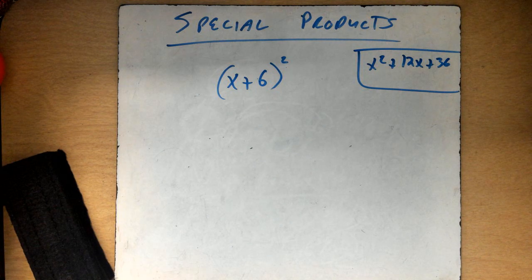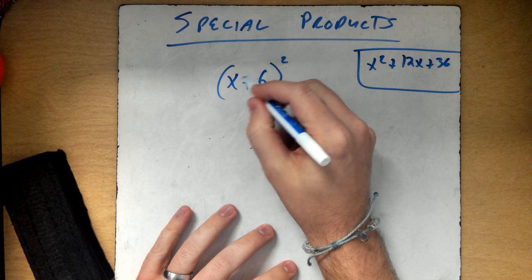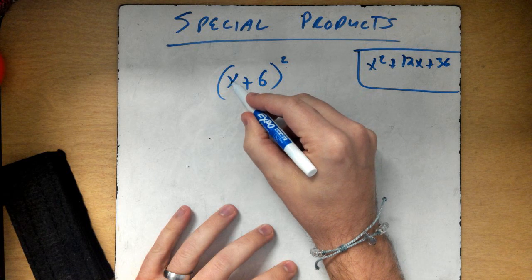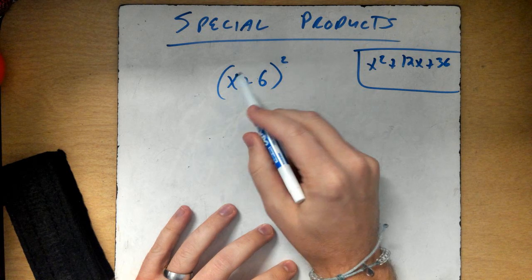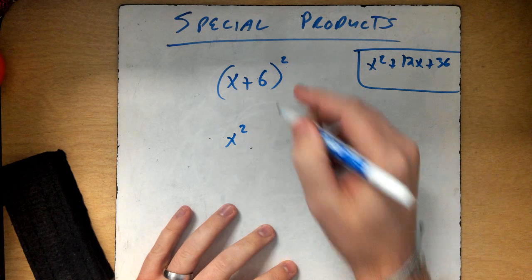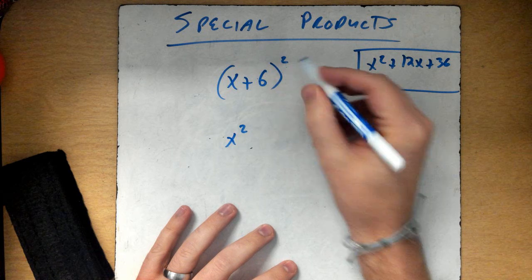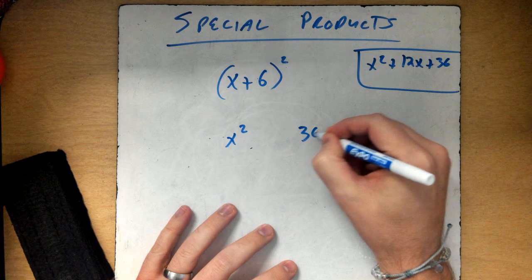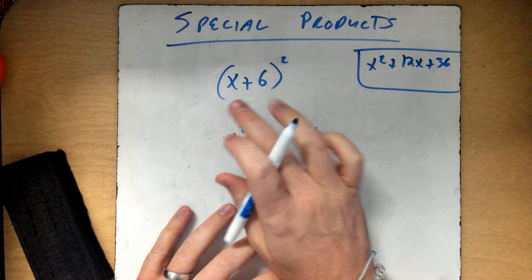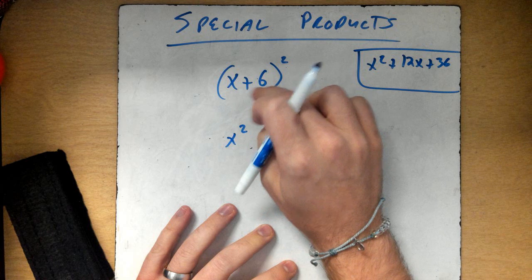So the shortcut would be this, okay? If you have something like this where it's the same, we're going to square our first term. So x squared is x squared, okay? We're going to take the second term, our 6, and square that. So 6 squared would be 36, okay? Now to get our middle term, we're taking them both. We're going to multiply these two.